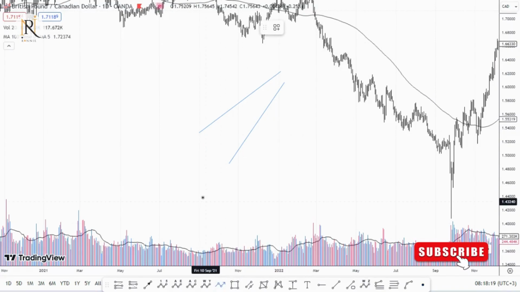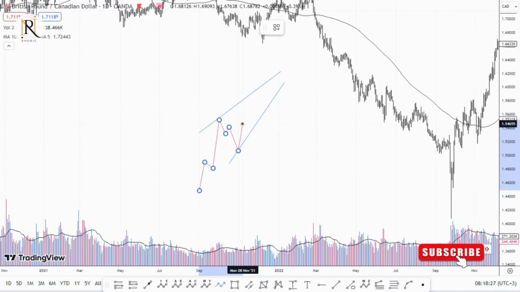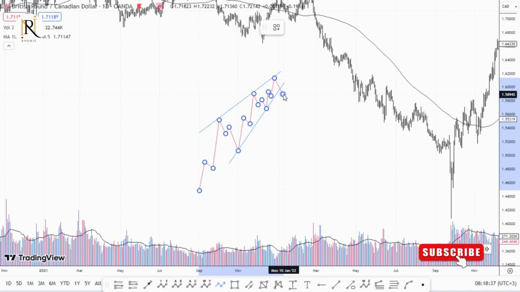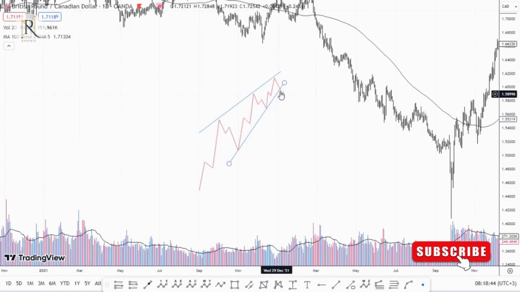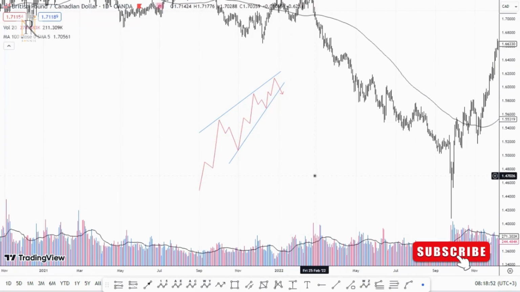The most common one is the 3-3-3-3-3, that is, we have the first wave, the second wave, third wave, fourth wave, and then finally the fifth wave, before we look at the breakout. This is always the most common type of wedge in Elliott Wave analysis.